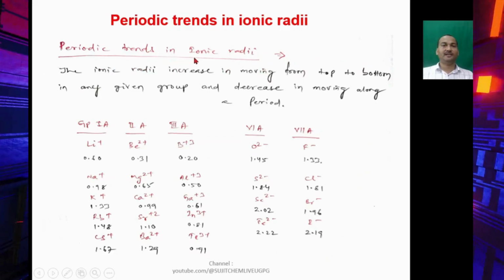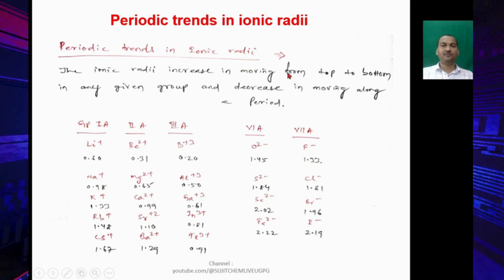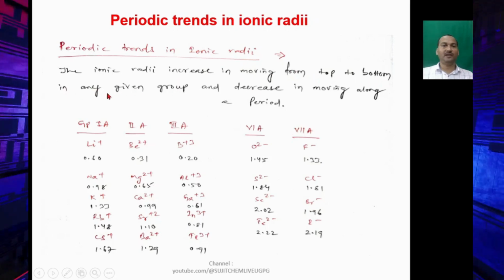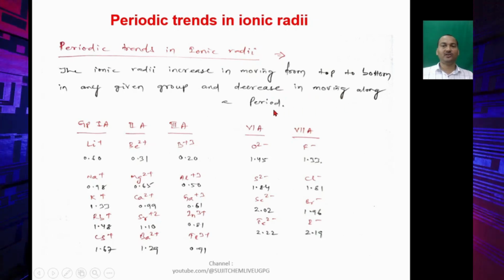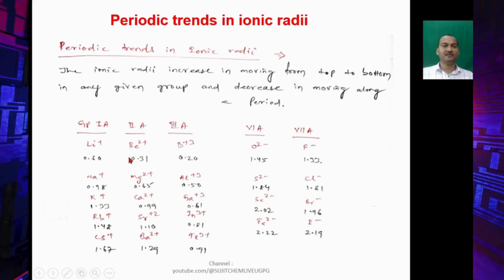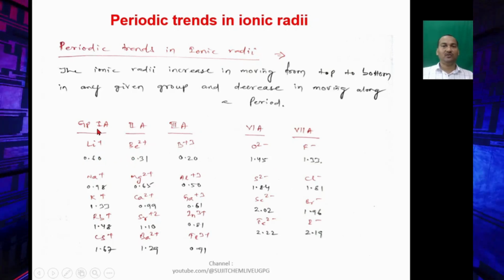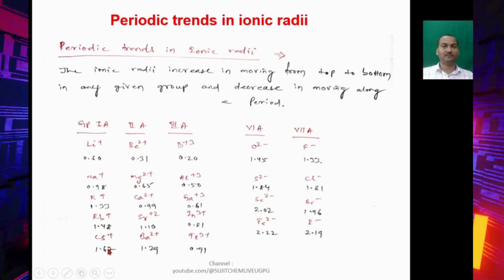Periodic trends in ionic radii. The ionic radii increase in moving from top to bottom in any given group and decrease in moving along the period. So if we move along the period, it decreases, and it increases moving from top to bottom.